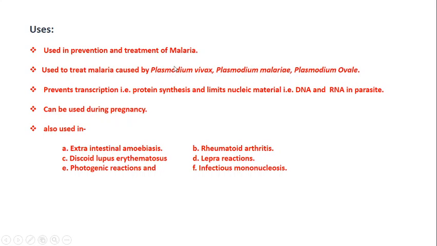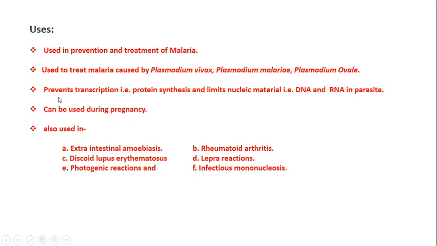These three are the malaria-causing parasites, and these parasites get killed by this drug chloroquine. So if the patient is diseased by malaria due to these infections, then this infection gets cured by chloroquine.